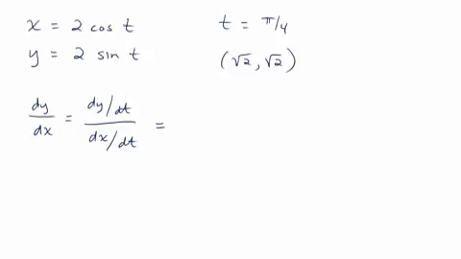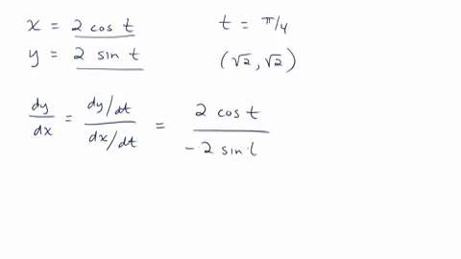Now let's find dy dx, which is equal to dy dt over dx dt. So the derivative of y with respect to t would equal 2 cosine t, and the derivative of x with respect to t would be negative 2 sine t. Now let's simplify. 2 over negative 2 is negative 1, and cosine divided by sine is cotangent t.